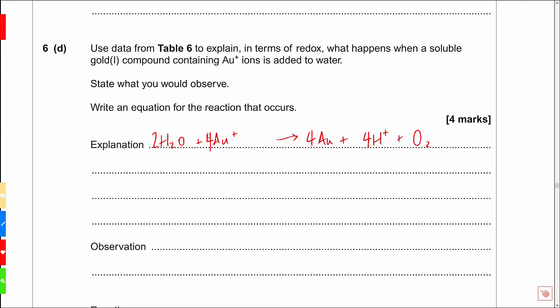Anyway, so use the data to explain in terms of redox what happens when a soluble gold compound containing Au+ ions is added to water. So in terms of redox, what's going to happen? Well, our explanation here is going to be that the Au+ to Au has the highest electrode potential, that's where the reduction is taking place.